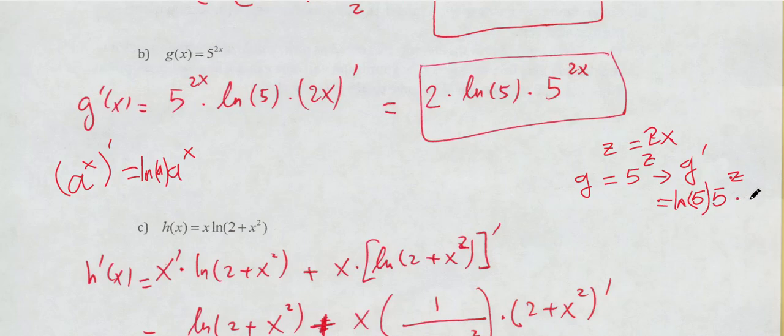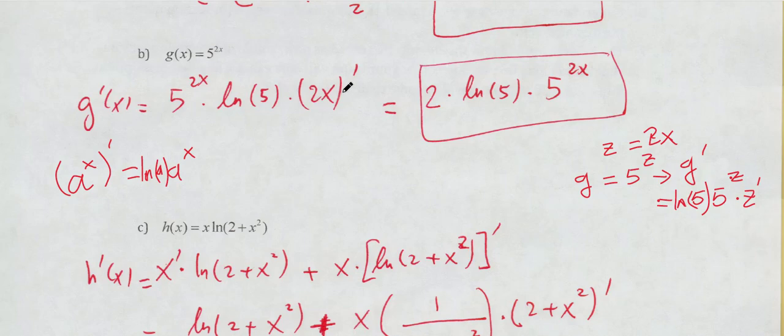And don't forget to multiply by z prime because we're using the chain rule. Therefore here I have ln of 5, multiplied by 5 to the z, where z is 2x, and multiplied by z prime, which is 2x prime.